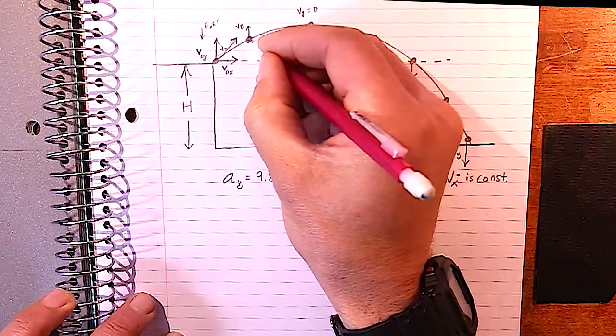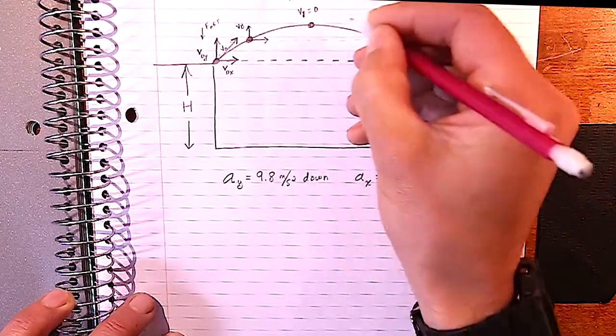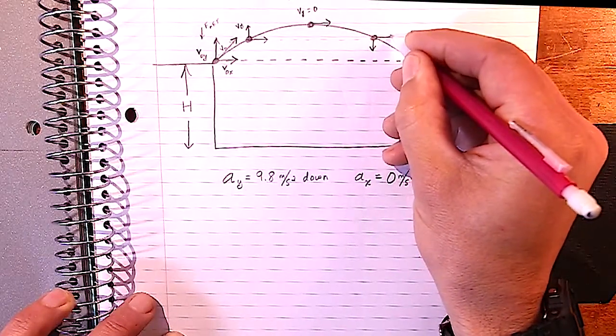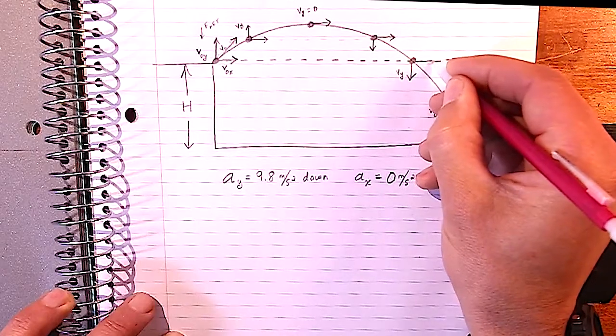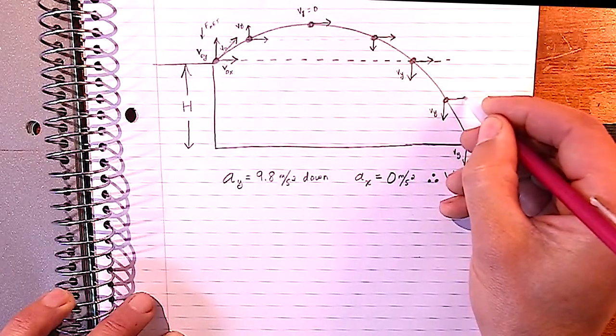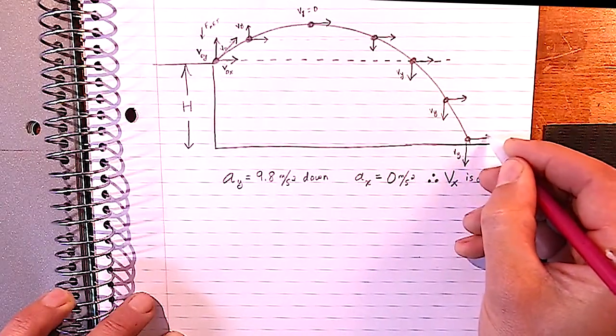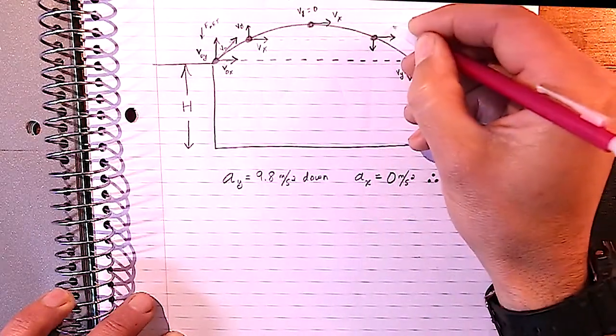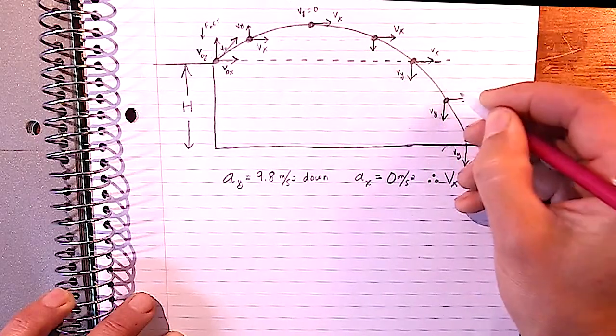But the x component remains the same. As it travels through the air, our Vx is remaining the same. And that's going to be crucial when we go to solve the problems. So that's our Vx, this is our Vx, Vx, Vx, and so on.